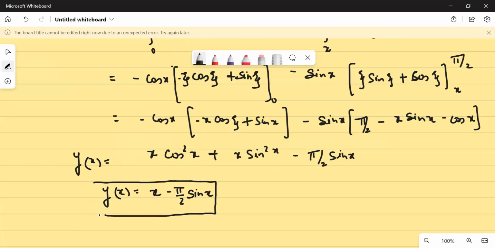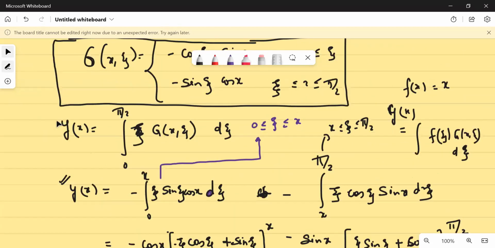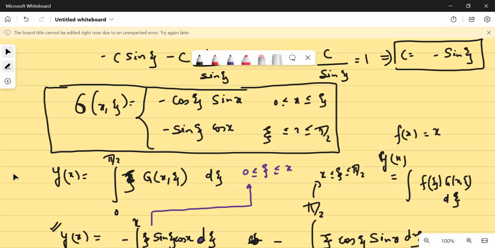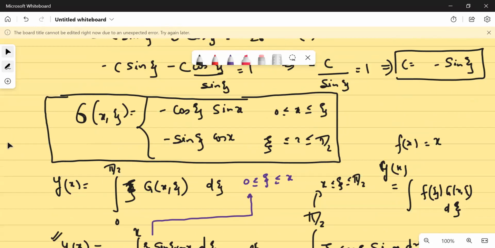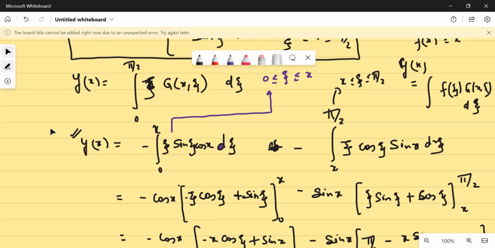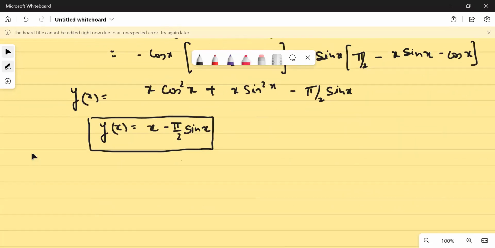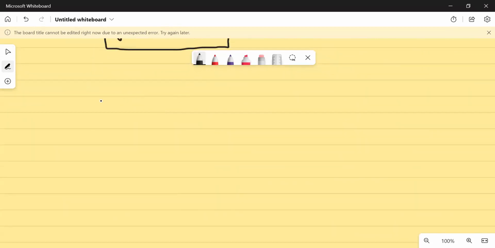Is that clear to you? So this is how you can find the solution for the function itself. In the previous 4 lectures, we have seen how to construct a Green's function. In this lecture, we have seen how to find the solution of the boundary value problem using the Green's function. Is that clear?